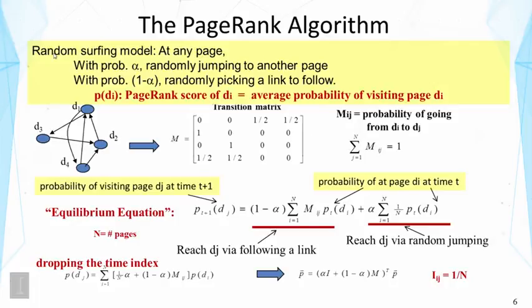And here I also show the equations in the matrix form. It's the vector P here equals a matrix, or the transpose of the matrix here, multiplied by the vector again. Now, if you still remember some knowledge that you've learned from linear algebra, then you will realize this is precisely the equation for an eigenvector, right? When you multiply the matrix by this vector, you get the same value as this vector. And this can be solved by using an iterative algorithm.